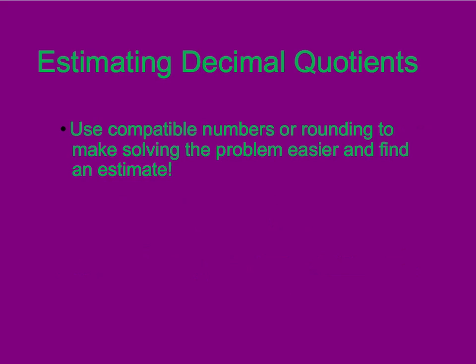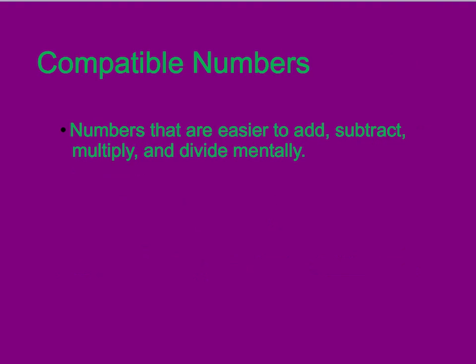That way you can get an even answer with no remainders or no decimals left over, just a flat answer. And just a reminder: compatible numbers are numbers that are easier to add, subtract, divide, and multiply mentally.